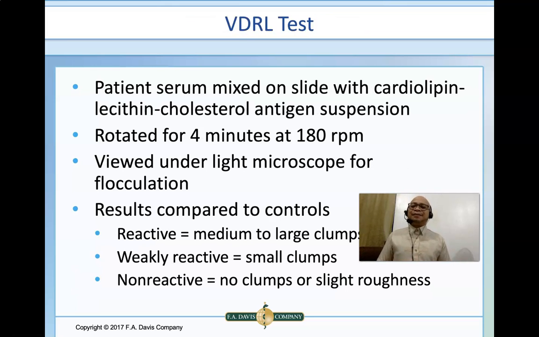Let's talk about the VDRL. In VDRL testing, the patient serum is mixed on a slide with cardiolipin, lecithin, cholesterol antigen suspension.